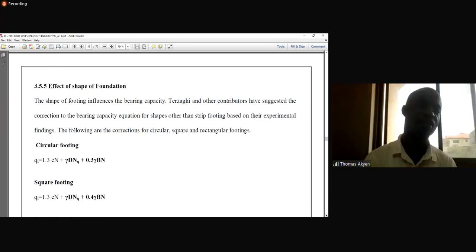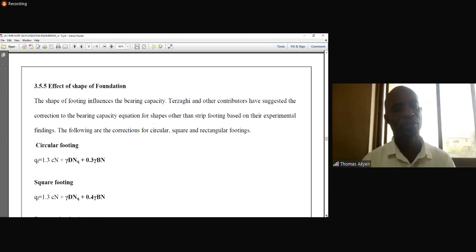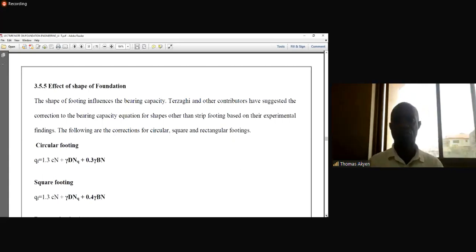The effects of shape of foundation. The shape of footing influences the bearing capacity. Terzaghi and other contributors have suggested corrections to the bearing capacity equation for shapes other than strip footings, based on their experimental findings. Following are the corrections for circular, square, and rectangular footings.